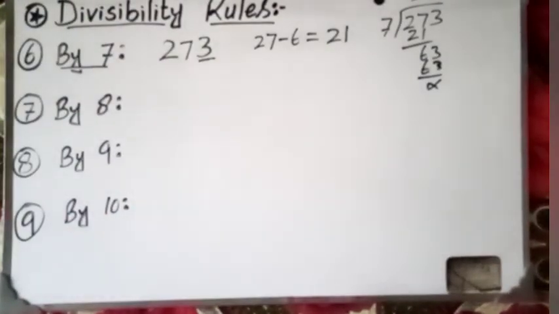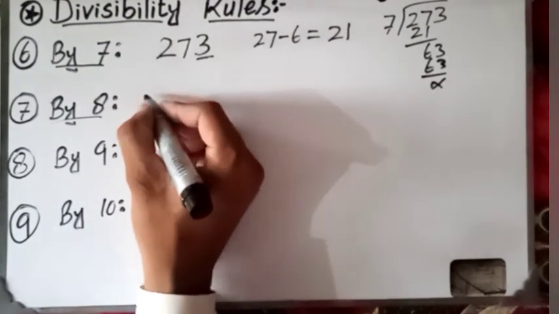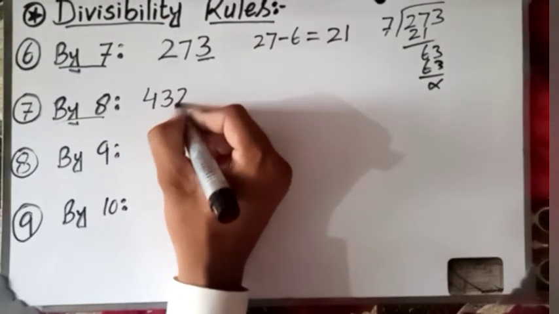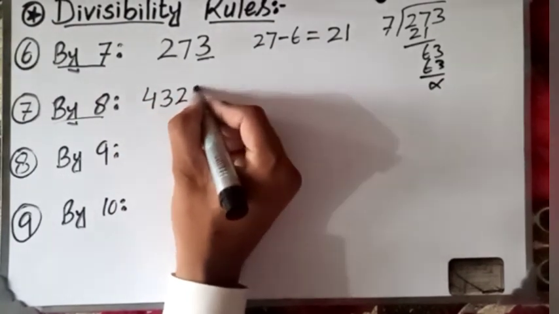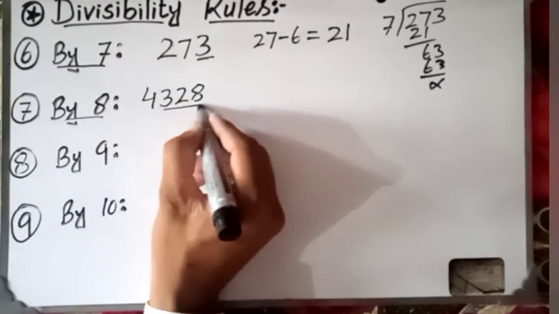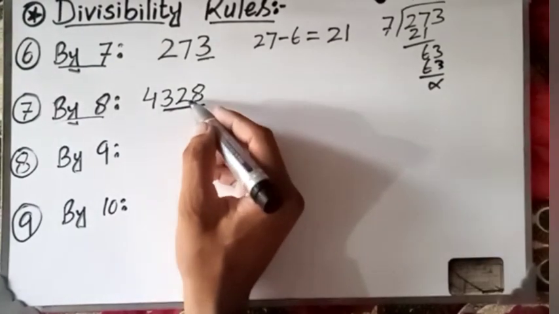Then we have divisibility by 8. A number is divisible by 8 if the number formed by its last 3 digits is divisible by 8. For example, take the 4-digit number 4,328. We check whether its last 3 digits, 328, are divisible by 8.